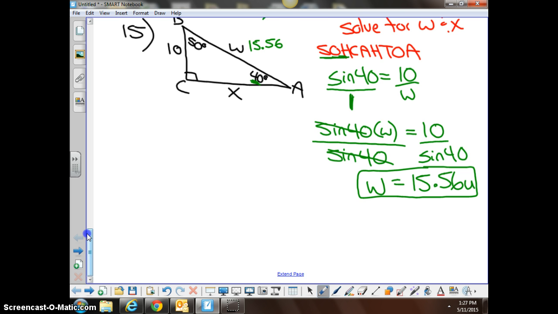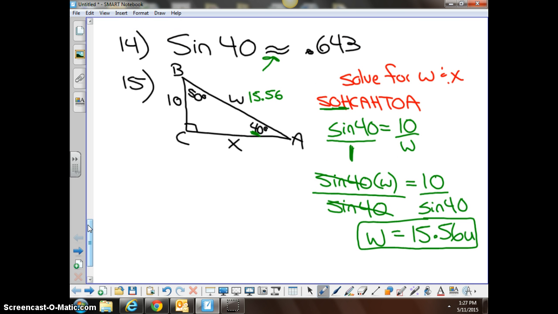And then I want you to look at number 14 where it says sine of 40 equals approximately 0.643. The ratio, anytime you're calculating the sine of 40 degrees, should be 0.643. So that means, since sine is opposite over hypotenuse, 10 over 15.56. What is 10 divided by 15.56?